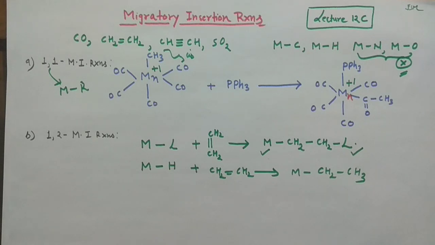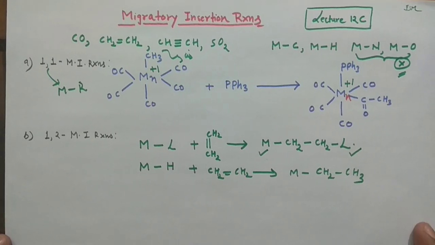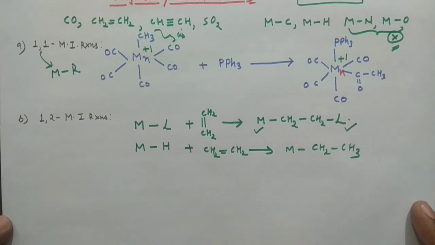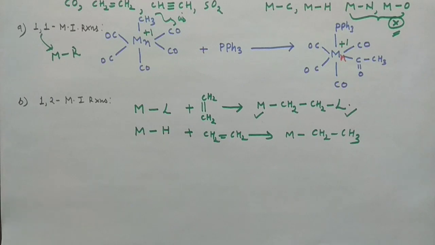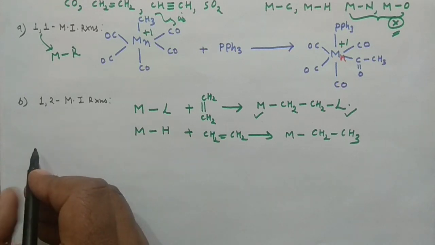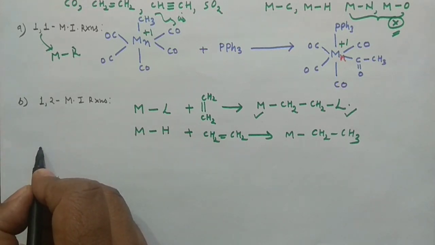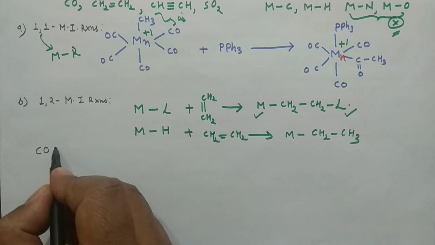So now I am going to discuss some very important reactions, and these reactions are very important for any examination, right? And I'm going to discuss first CO insertion, carbonyl insertion.